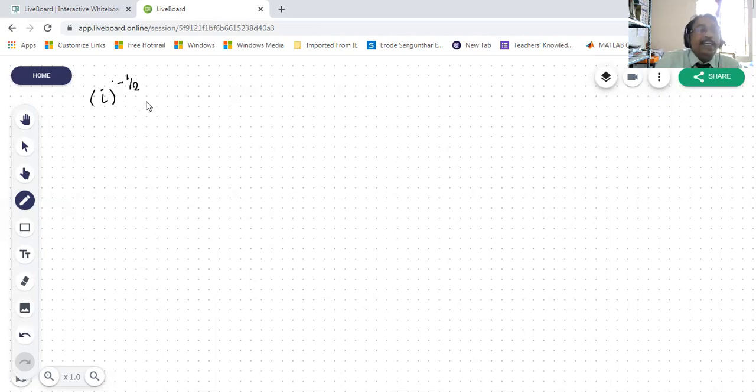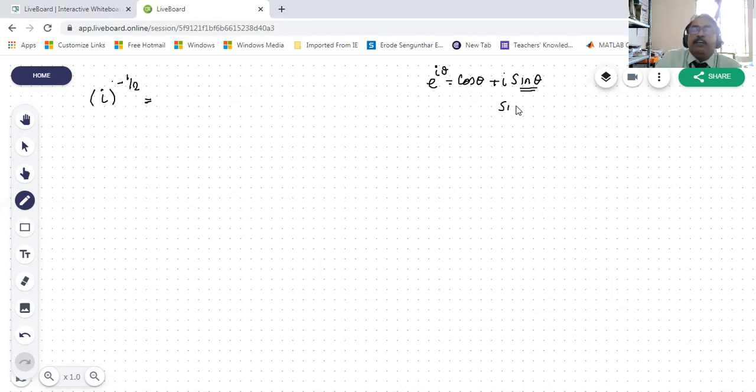Let us recall e power I theta is equal to cos theta plus I sin theta. What is I? When cos theta vanishes and sin theta is equal to 1.